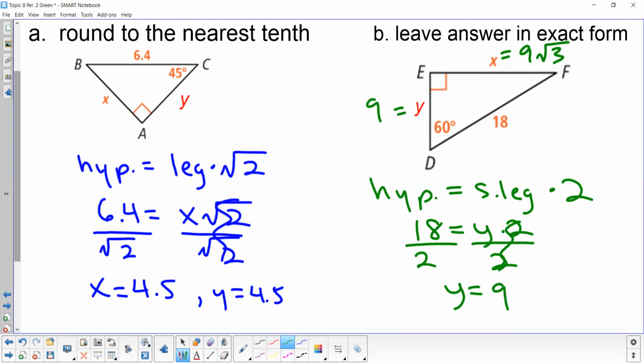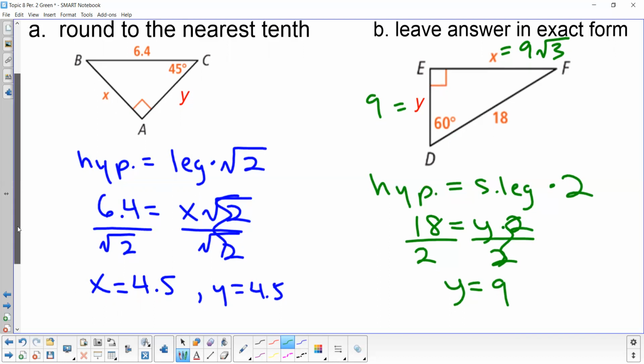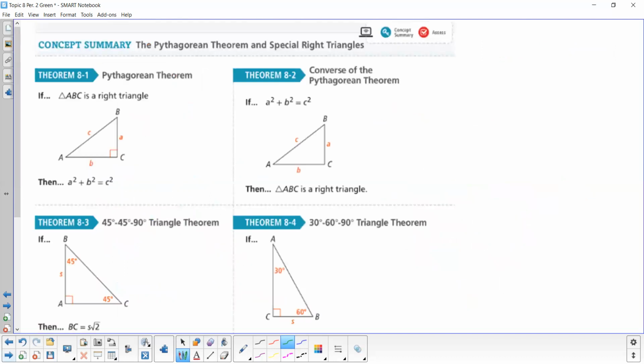All right, let's finish up the last section. Here's kind of a huge summary. Remember, one thing we talked about earlier in that section was that a squared plus b squared equals c squared is the Pythagorean theorem, which applies to a right triangle.